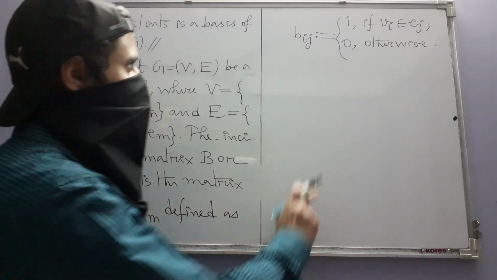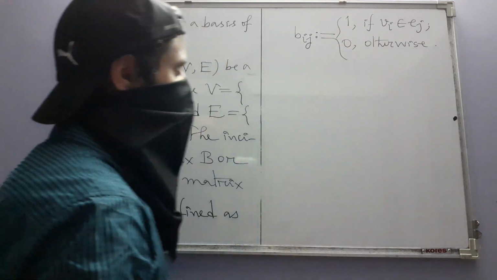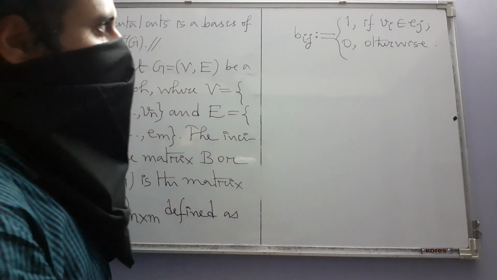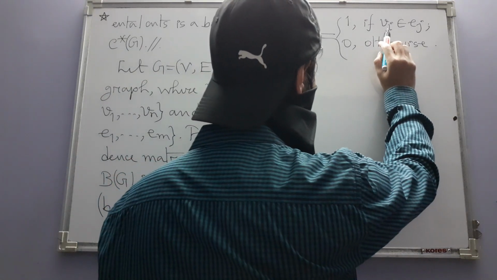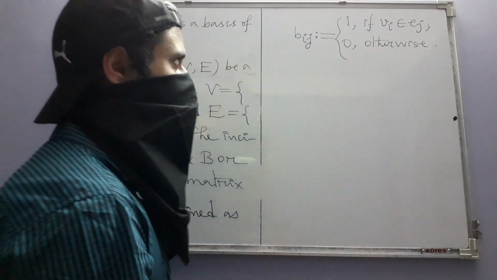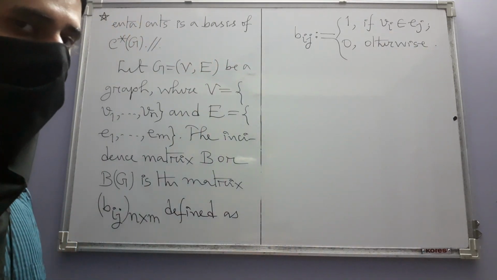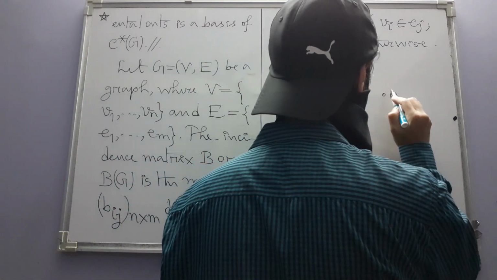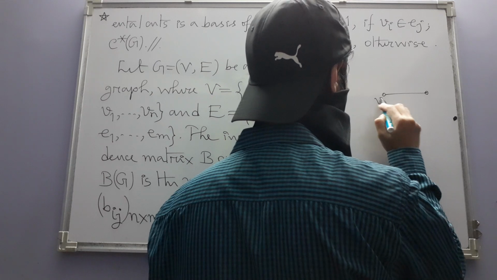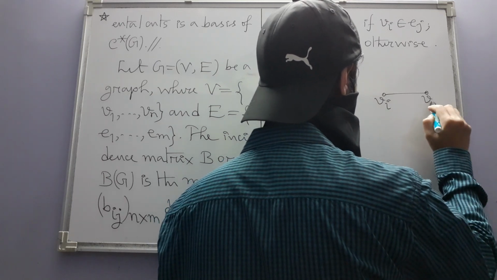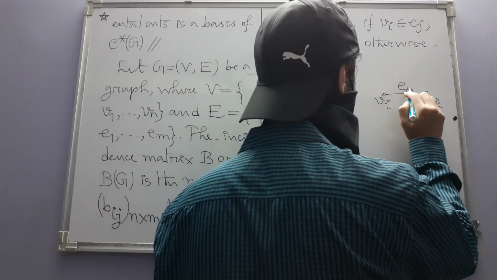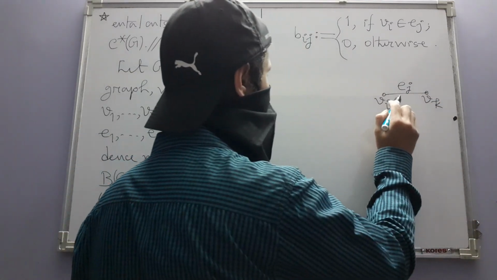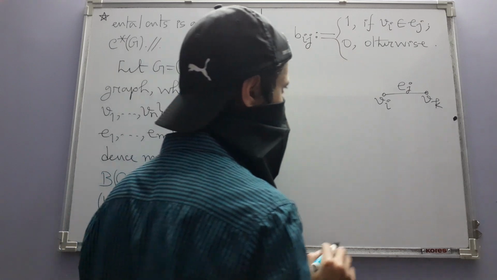Now Bij is defined to be equal to 1 if Vi belongs to Ej means what? It just means that Vi is incident with Ej, or Ej is an edge at Vi, like this. This is Vi, there is some other Vk, and this edge we are calling Ej. If this is the situation, then Bij is defined to be equal to 1.